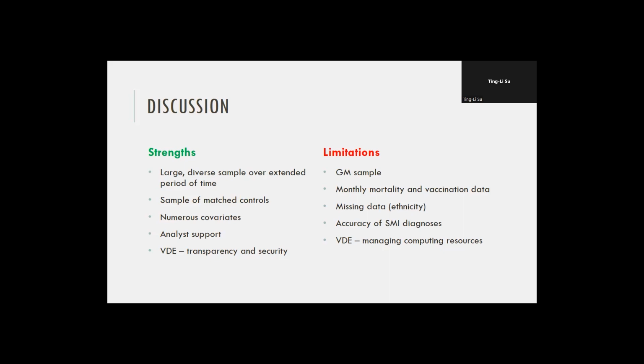There's transparency and security in this approach, and you have the benefit of being able to work in a secure environment and being more certain about how your data is flowing, that people are checking that there's a procedure about this process. Of course, it is only GM data, although I've not really been challenged about that in papers because people have just seen the numbers and been more impressed with the size of the data set, to be honest. So that's not been a problem, provided you acknowledge the limitations, I will say. It lacks some of those fine-grained analyses, and you have to cut your cloth to what data is actually there.